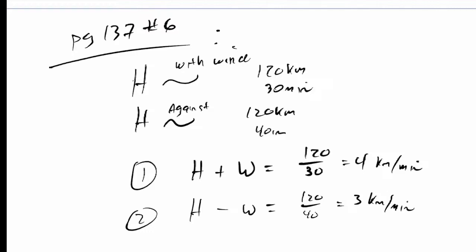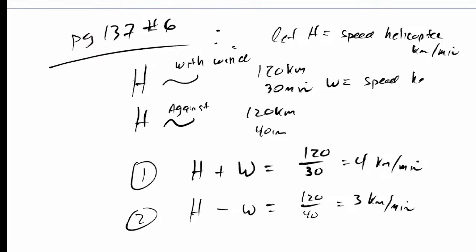Rima, the reason I divided is because the question is talking about speed. So I'm letting h be the speed of the helicopter in kilometers a minute, and then I'm going to let w equal the speed of the wind in kilometers a minute.